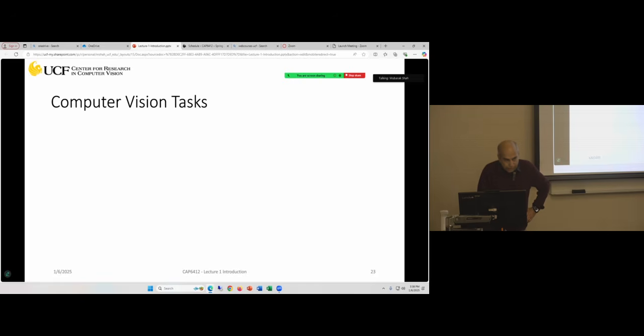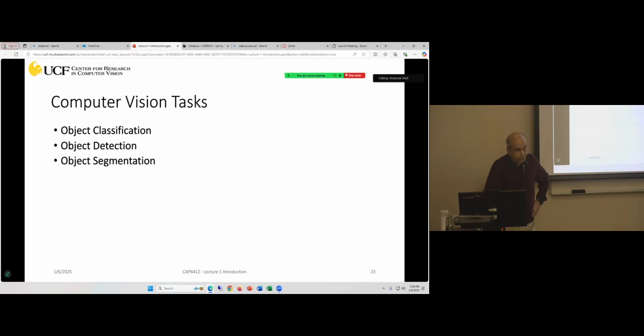Now if you look at computer vision, most of you have taken the computer vision class, 5415. In that one, given an image, we can classify it. We can do object classification, detect objects and put a bounding box, and do pixel-wise segmentation. We can do instance segmentation: if there are two airplanes, one airplane will be black, the other red, and we can count the instances of that particular class.